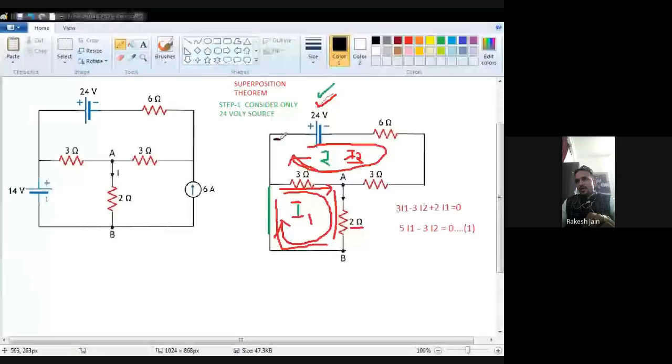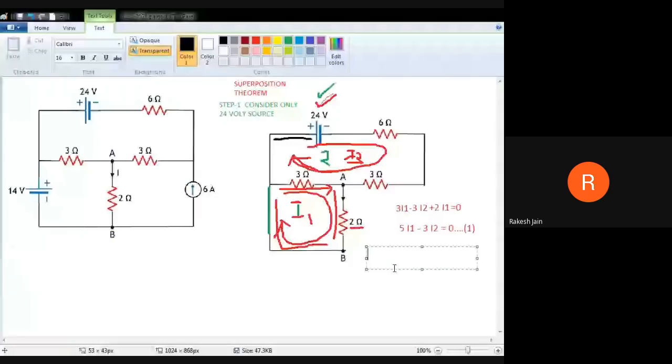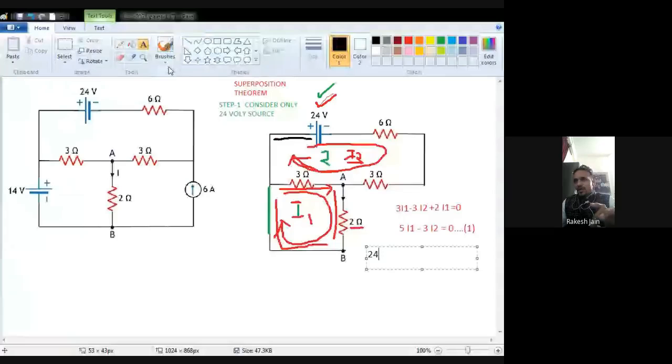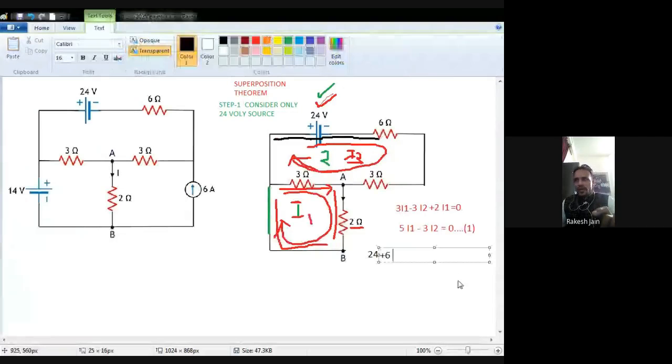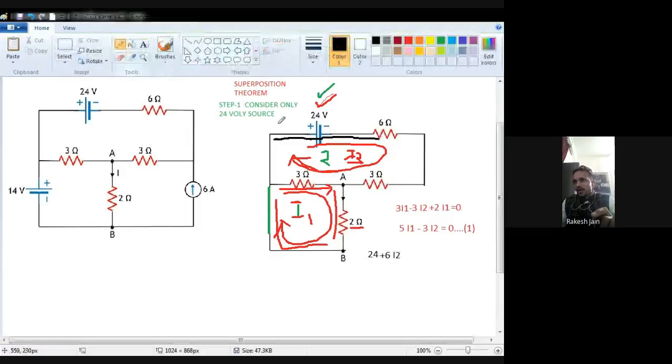Now with this 3 ohm, one more current passes, that is I2, but in the opposite direction. I am going from left to right, but this I2 current goes from right to left.